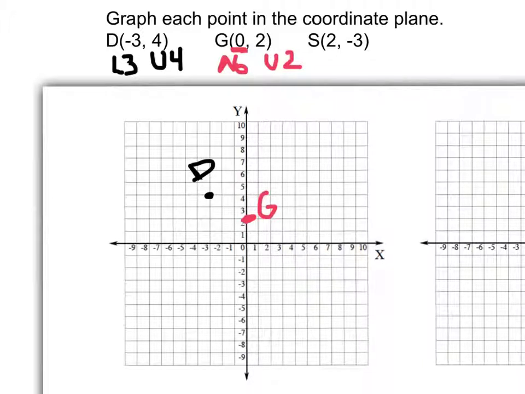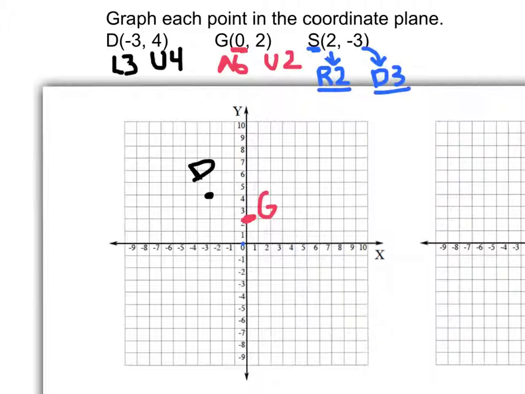And finally, I need to do point S. Here the first number is positive, so that means I'm going to go right 2. The second number's negative, and the second number tells us up or down, so I'm going to go down 3. So I need to start at the origin or the middle and go right 2, down 3.